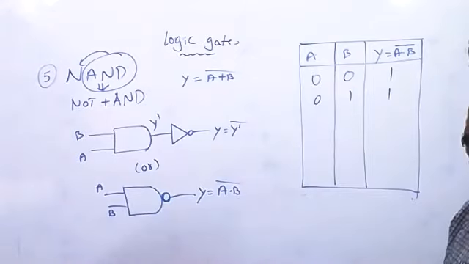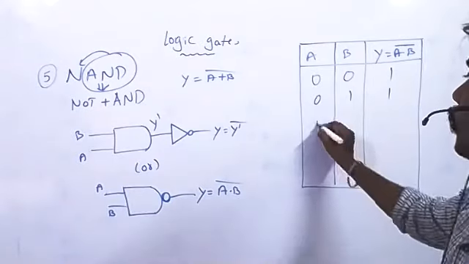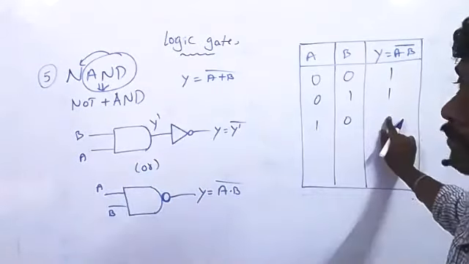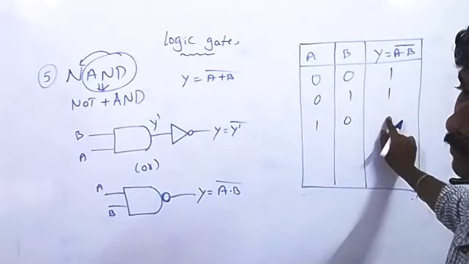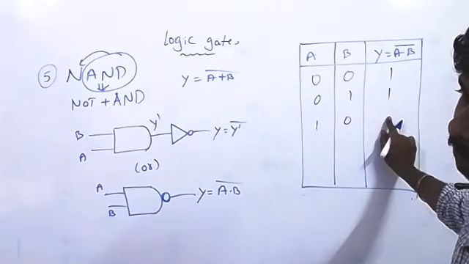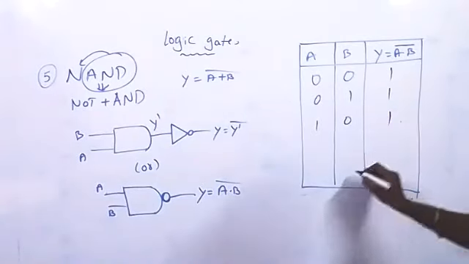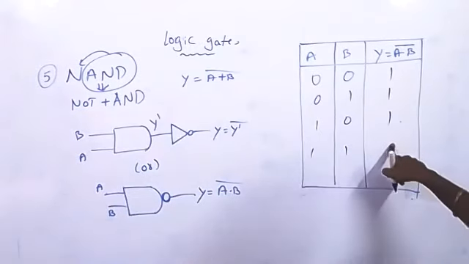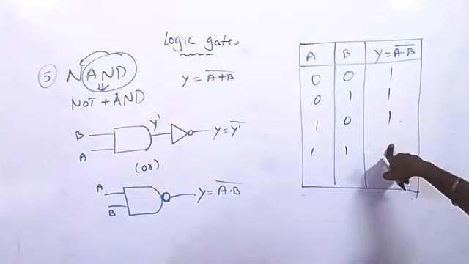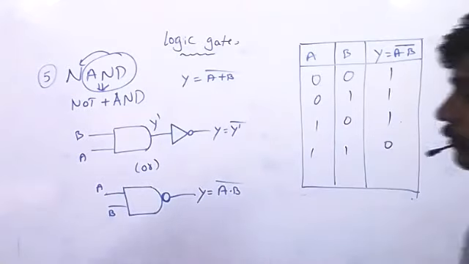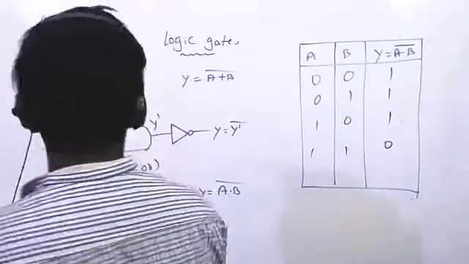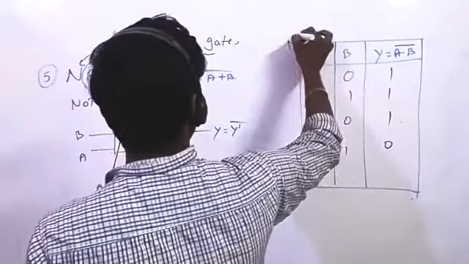Clear? Yes, sir. So 1, 0, and here what will you get? 1, sir. 1, 1, here what will you get? 0. That is the result of the NAND gate.